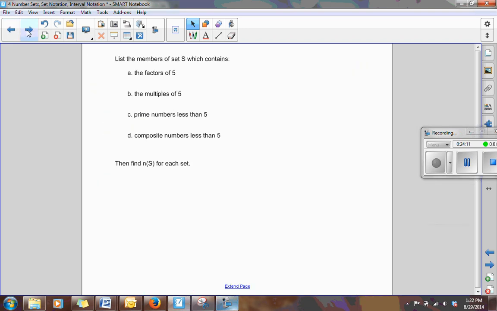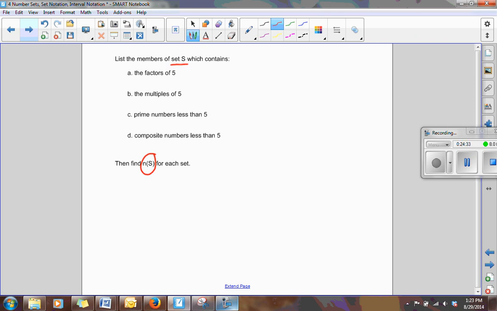Okay, so we're going to do one more example, and then there's an extension that you can continue to listen to if you're interested. So the members of the set S, we're going to list those, and then we're going to find n of this, which is asking a different question. First we're going to list the factors of 5 in this set.